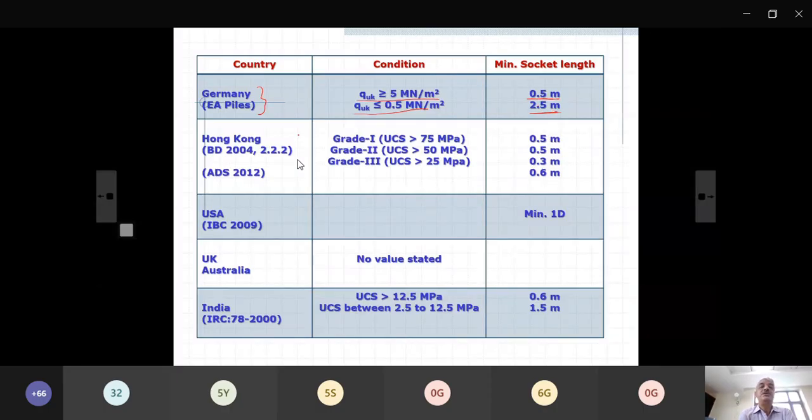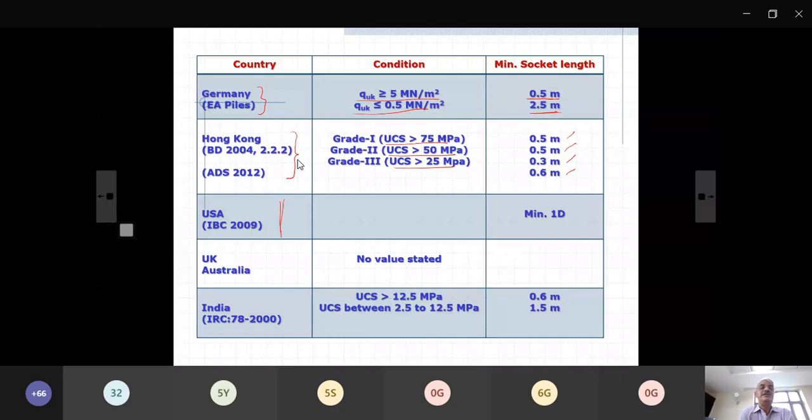In Hong Kong, there are two documents, BD 2004 clause 2.2, and there is an ADS document. They call it grade 1 rock: grade 1 rock, UCS more than 75 megapascal, and UCS more than 50, grade 2, UCS more than 25, grade 3, 0.5 meter, 0.5 meter, 0.3 meter, and ADS, this code says 0.6 meter. So here also you are getting values of around 0.5, 0.6.